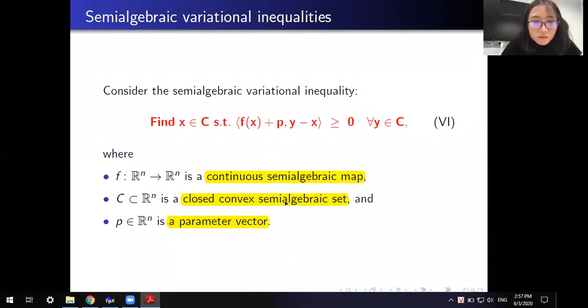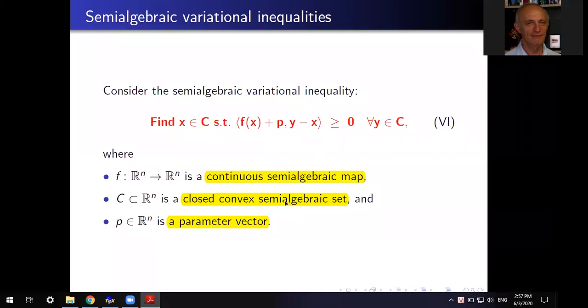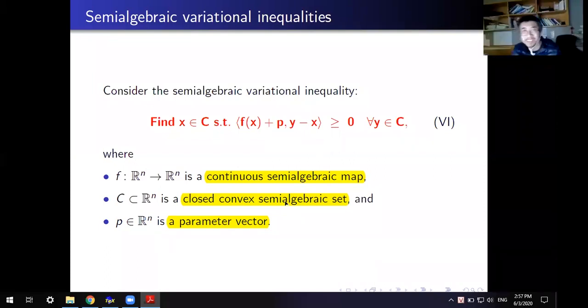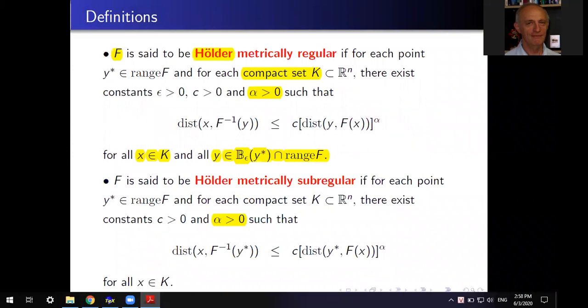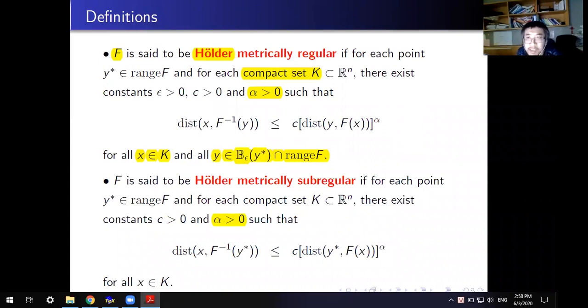I think Guoyin had his hand raised at some stage. Thank you. First of all, thank you for the nice talk. Can I ask a simple question, continuing on what Alex and Marco asked: for the definition of the Hölder properties, as far as I understand, the exponent alpha will depend on the choice of the compact set capital K. But is there any case where you have a universal constant alpha that only depends on, say, the dimension n, or the nature of your set-valued mapping F, not on the set K?